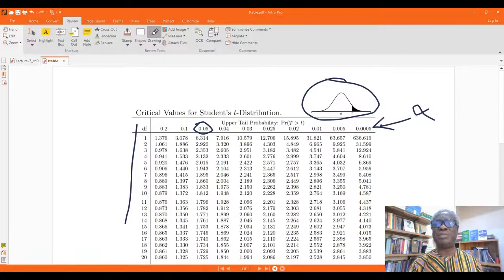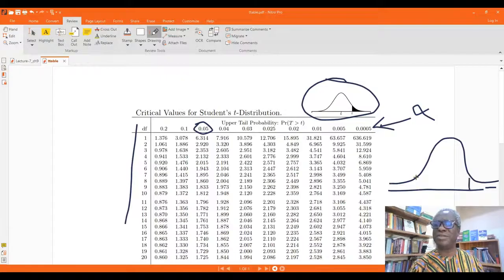But our hypothesis is two-tailed, so which means something like this. So you have to consider two-tailed. If alpha is 0.05 and you are considering two tails, then you have to divide alpha by 2.